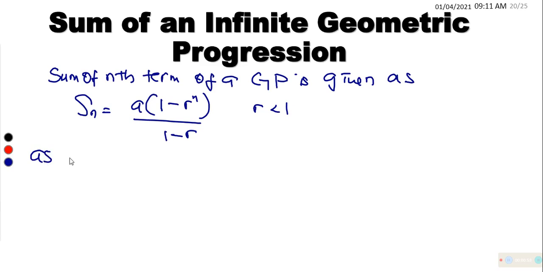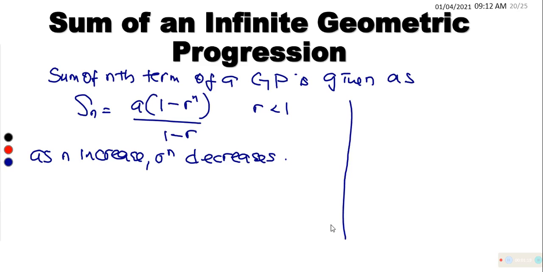Now, as n increases, r raised to power n decreases. Okay, so this is what we mean by that.